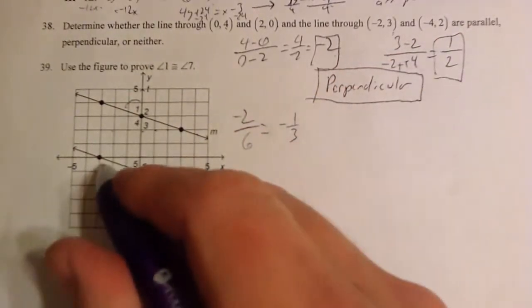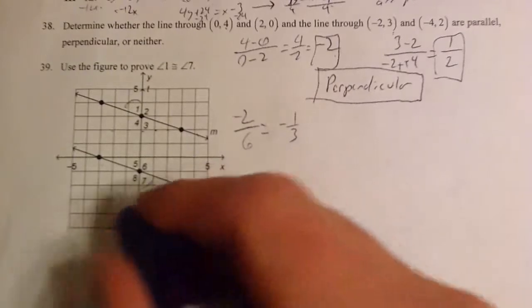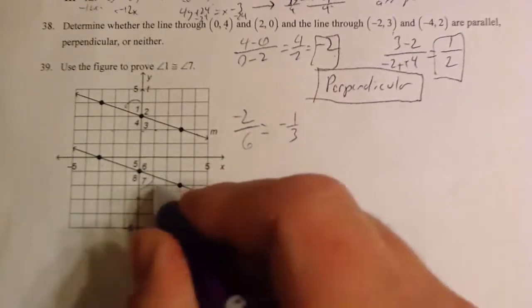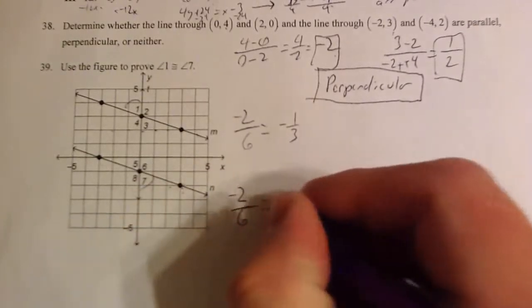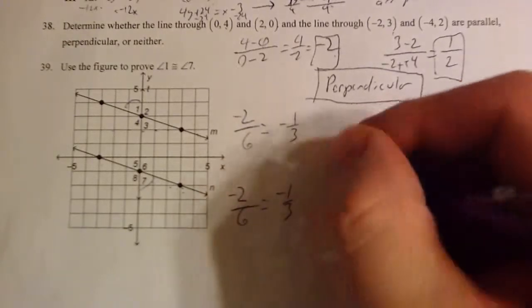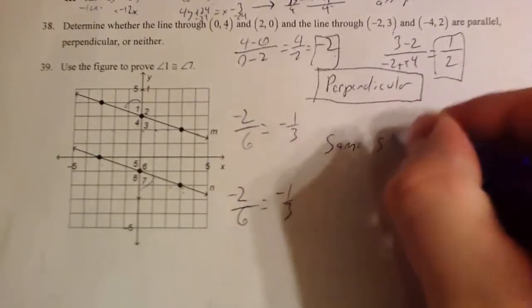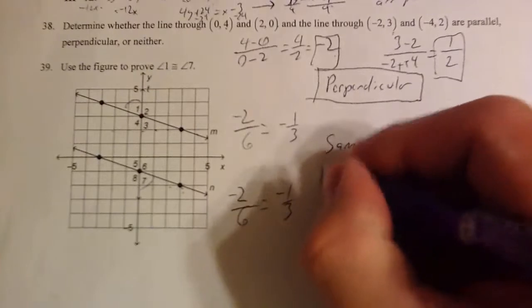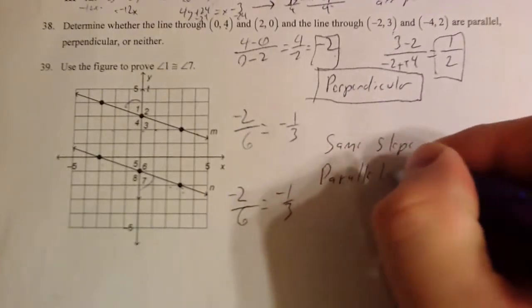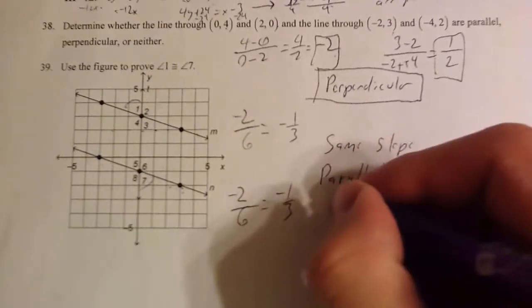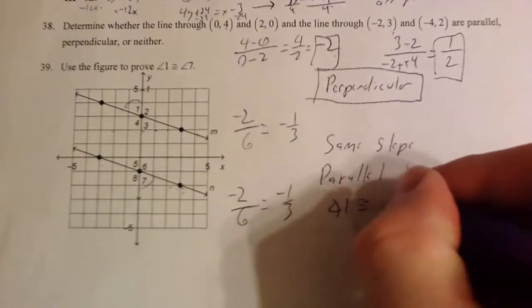Same thing for this one, so it'll go down 2, and our run is 1, 2, 3, 4, 5, 6 again, which is negative 1/3. Same slope, therefore parallel lines, therefore angle 1 is congruent to angle 7.